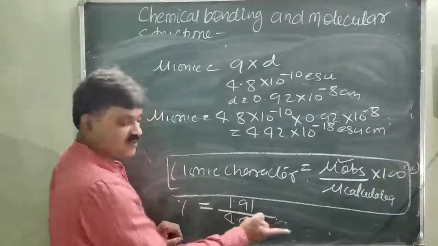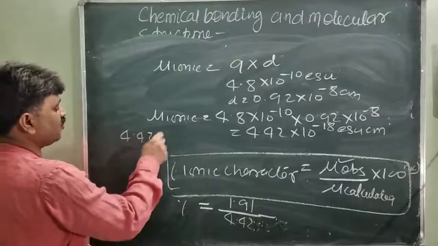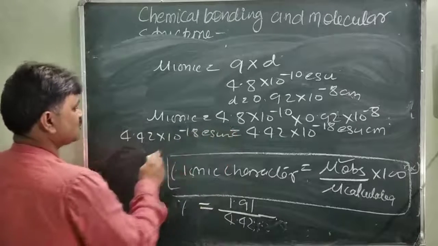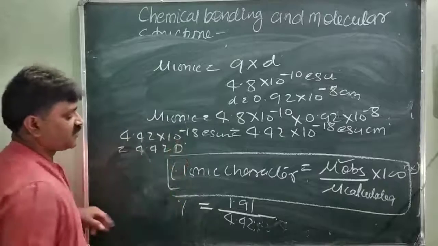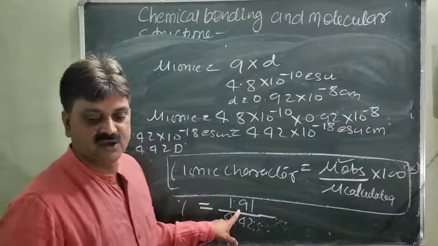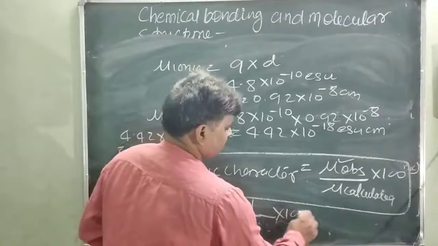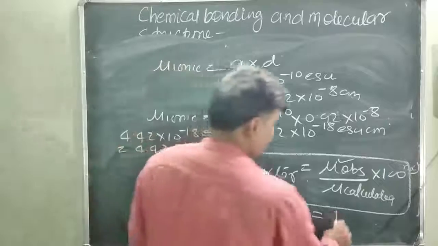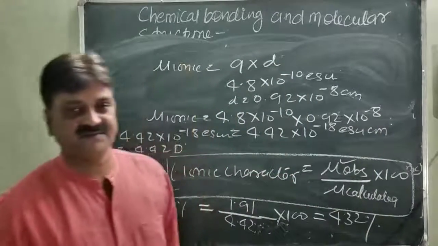This is 4.42 D, just like 4.42 into 10 power minus 18 ESU centimeter, because this value is given in D. So after dividing and multiplying by 100, this value becomes 43.2. So this is the percentage ionic character of the HF bond.